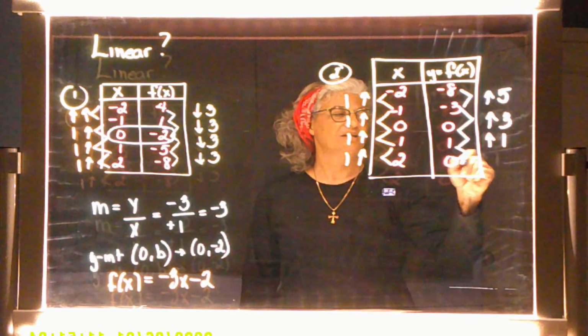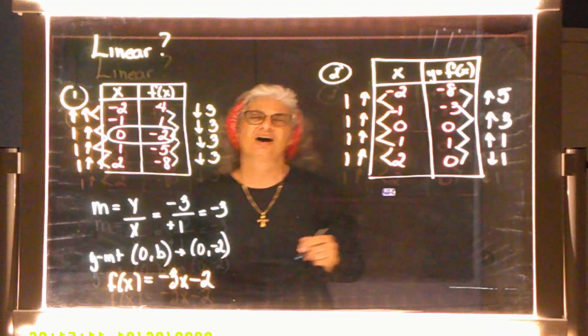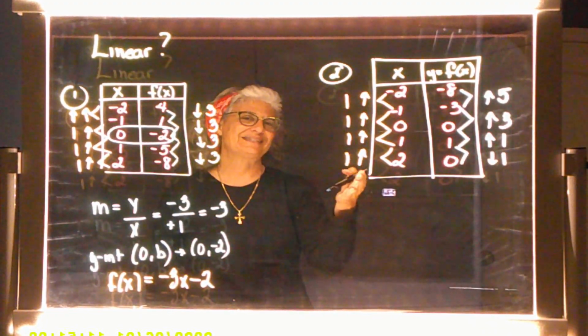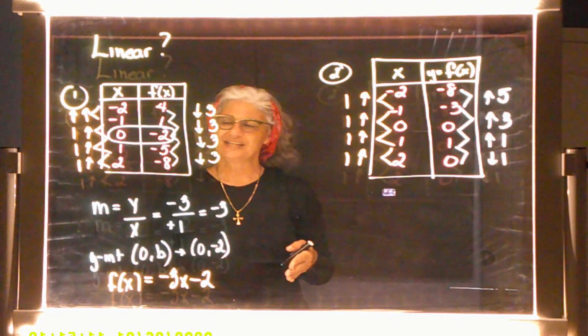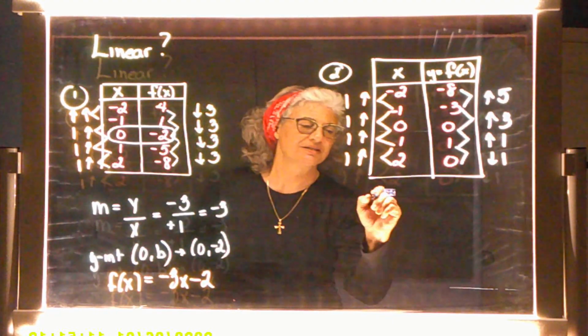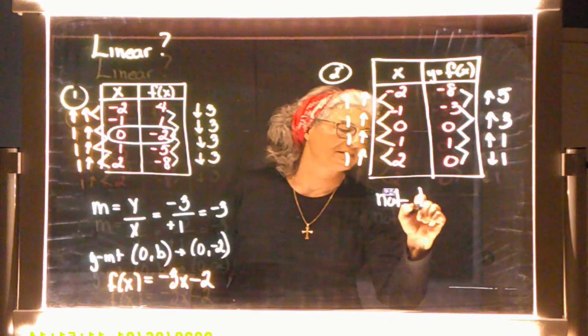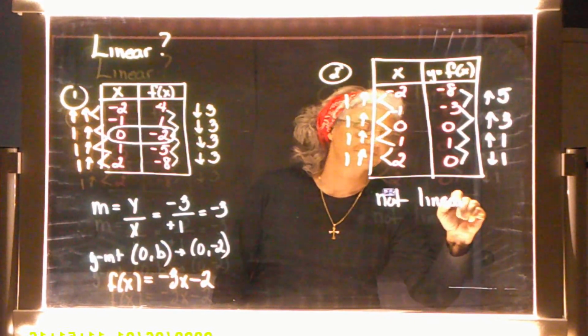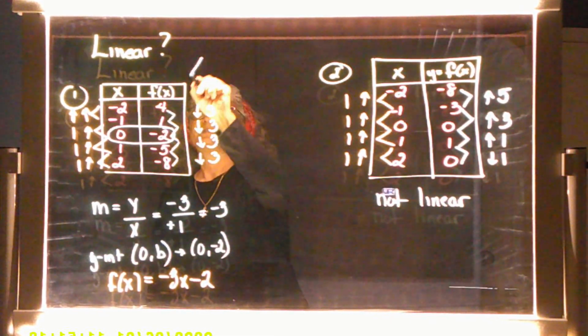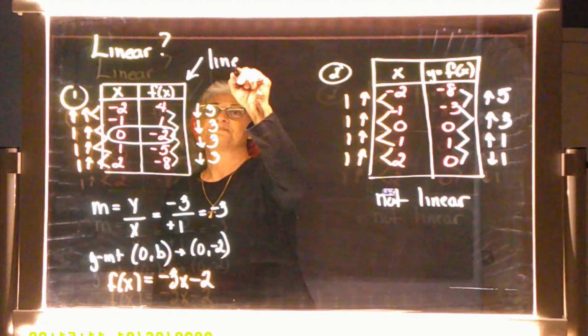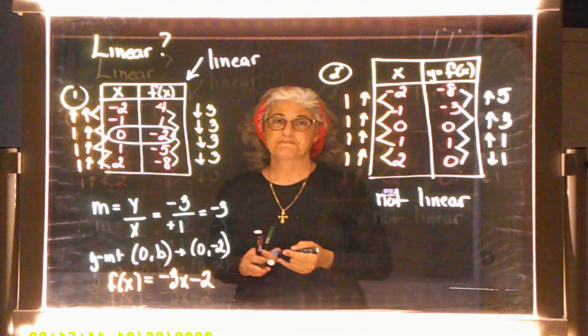And these two y's went down by 1. The x's are good because they're consistent. Are the y's good? Yeah, no. This one is not linear. This one is linear.